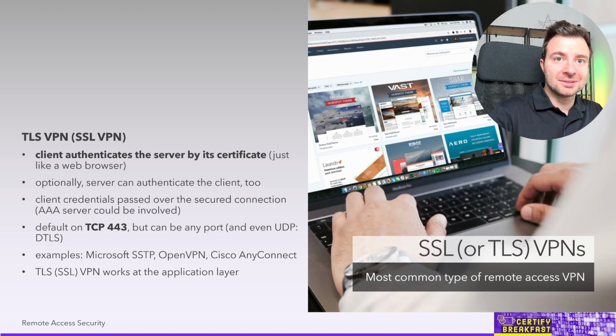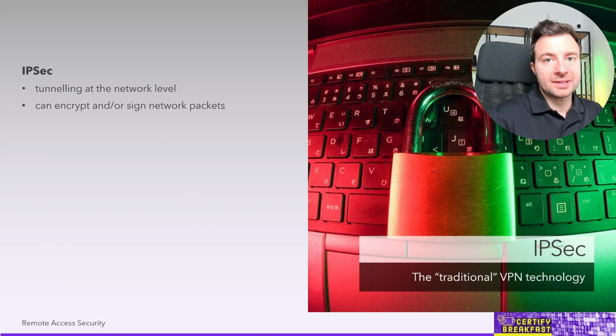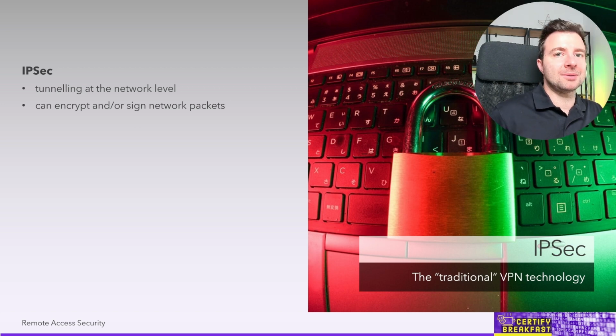This is relevant because while we have this VPN technology that runs at the application layer, here comes one that doesn't run at the application layer. And that one is called IPsec. It's an entire suite of protocols or algorithms and key exchange methods and whatnot. We're going to see more about them in just a minute.